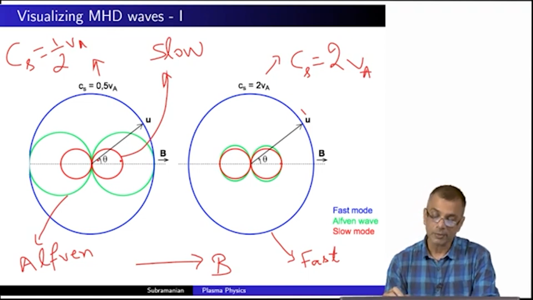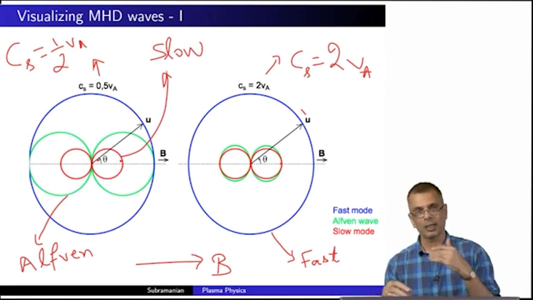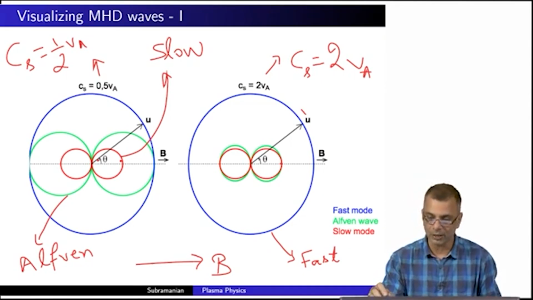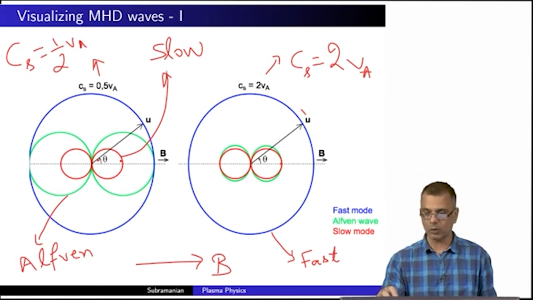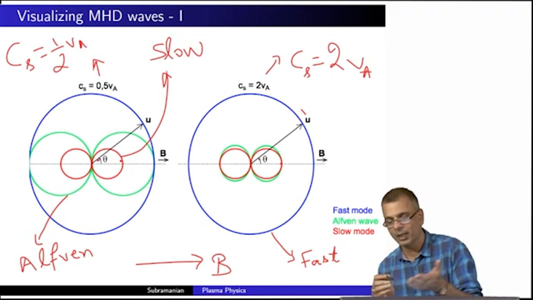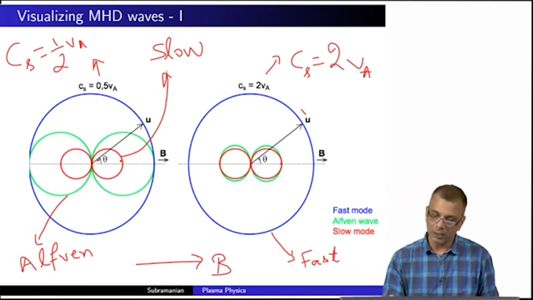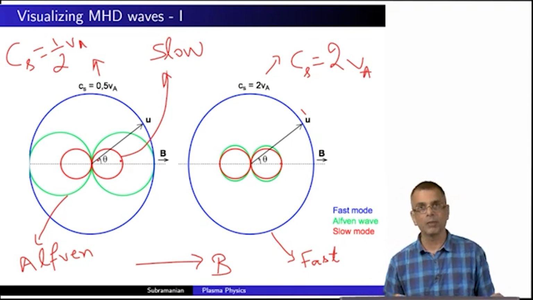Both are quite anisotropic, but the difference in magnitudes of the Alfvén speed and the slow mode speed becomes much smaller as the sound speed becomes larger in comparison with the Alfvén speed. In other words, the larger the sound speed in comparison to the Alfvén speed, the more isotropic the fast mode becomes.